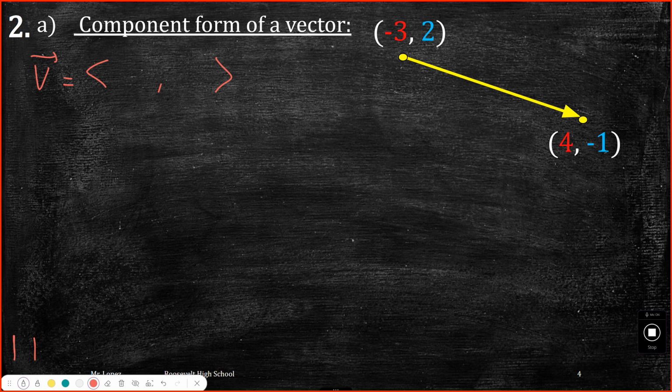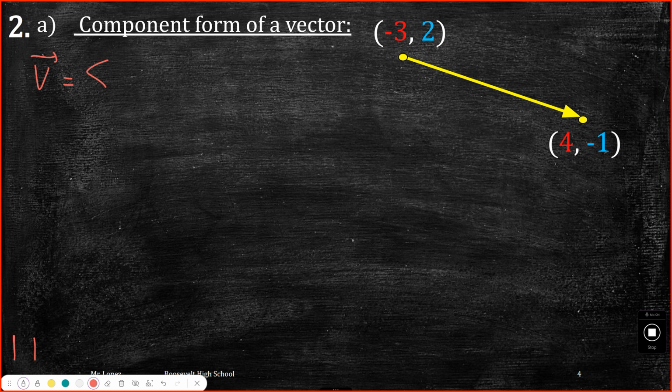Let's see. What should go here? Or should we do all the work? What goes here? What's the x? If you work it all out, what would it be? All right, let's actually work it out. Let's go step by step.